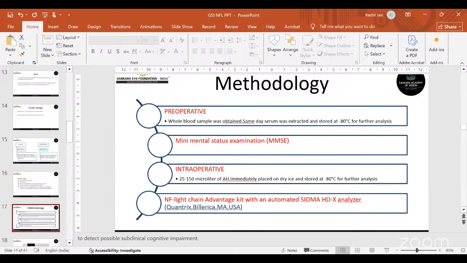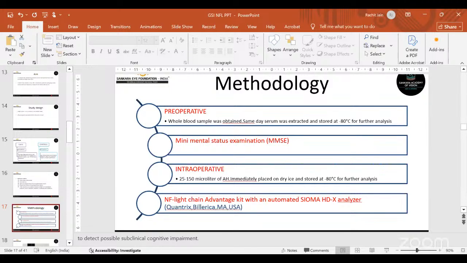So preoperatively, in their preoperative holding room, they collected a blood sample before the procedure, and on the same day from the blood sample, they extracted the serum and stored it at minus 80 degrees centigrade for further analysis. Before the procedure, a Mini-Mental State Examination was done. It consists of 11 questions just to rule out if there is any mild cognitive impairment.